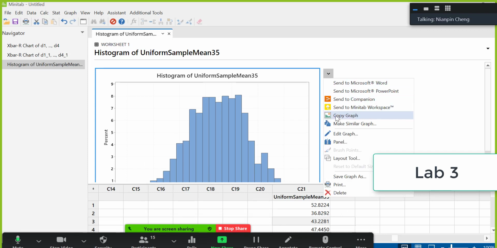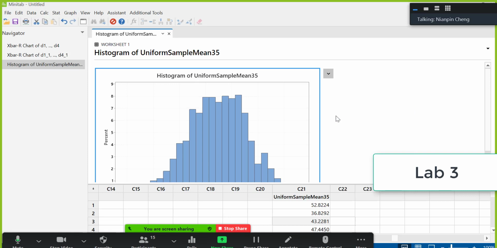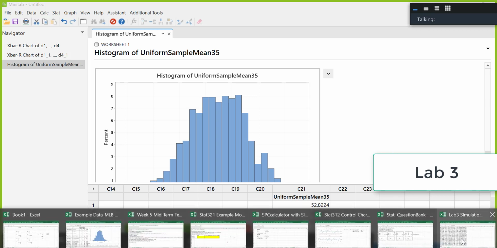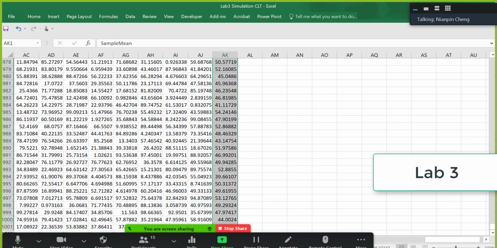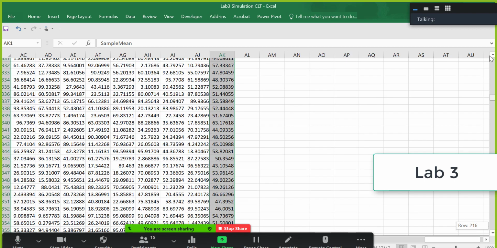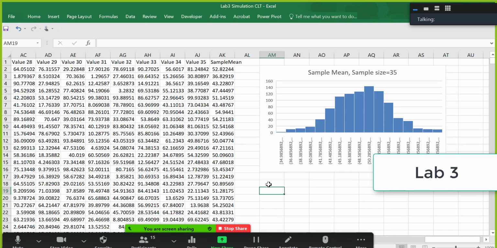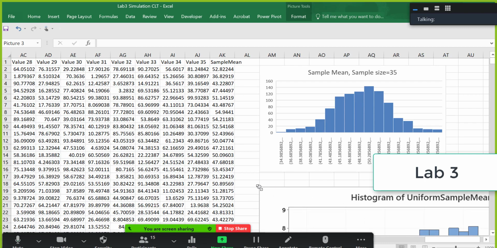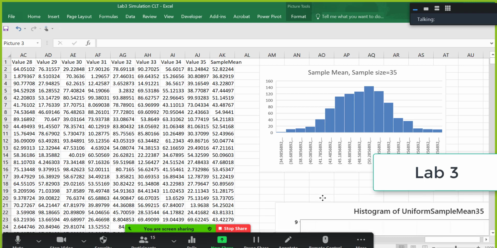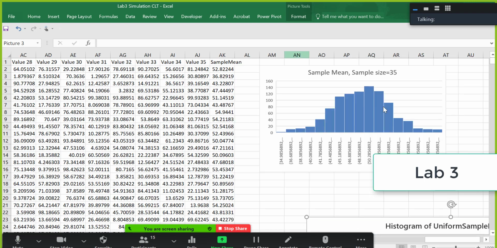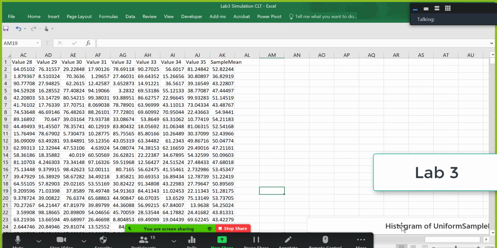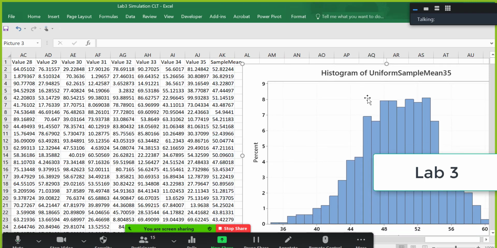If you use a Mac, or if it's really hard for you to change to percentage, that is okay. You can submit with just the frequency. That's okay. I can remove this. So this is the histogram.